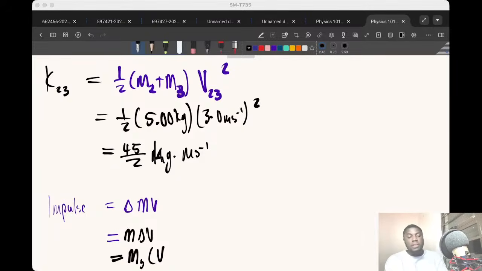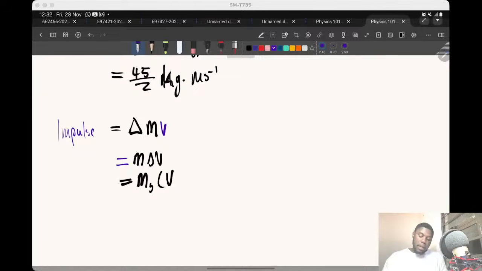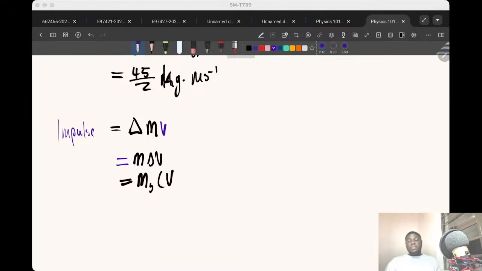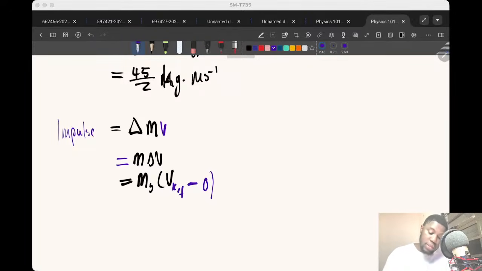So this is going to be our impulse. It is delta mv, which is m times the velocity. Here you subtract the final minus the initial, which is 0. We all know that the initial is 0 because we saw that.